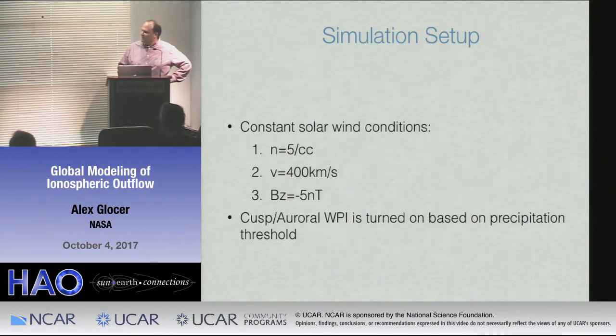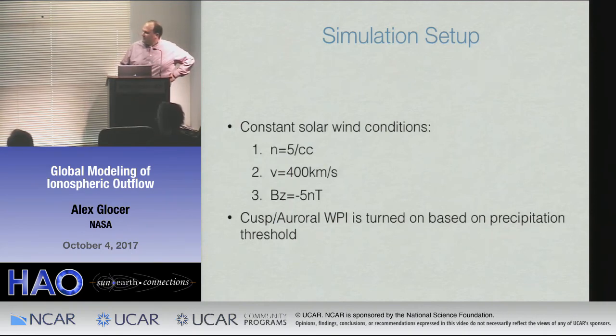But you can kind of go with a semi-empirical approach for where to turn on the wave-particle interactions, because many people, when they look at Bob Strangeway's paper, they see the correlation between outflow and Poynting flux and outflow and soft electron precipitation, but they don't pay attention actually in that paper to the fact that the Poynting flux is well correlated actually with the precipitation.